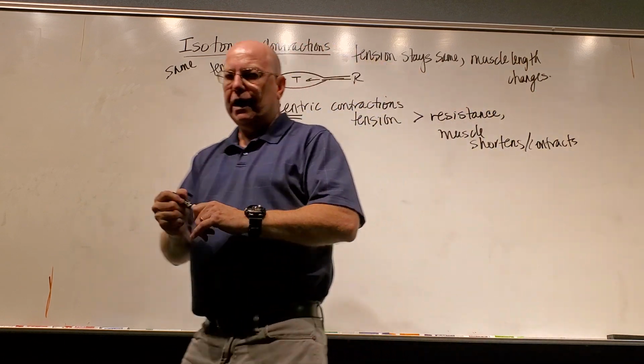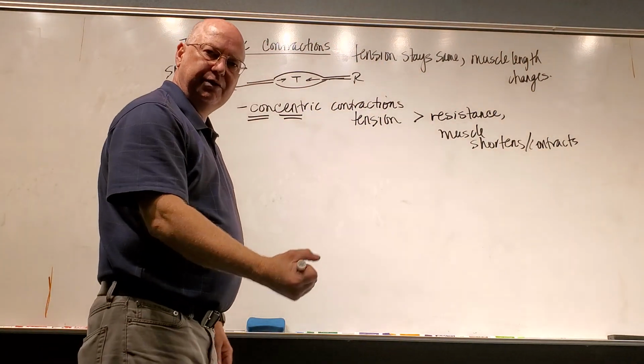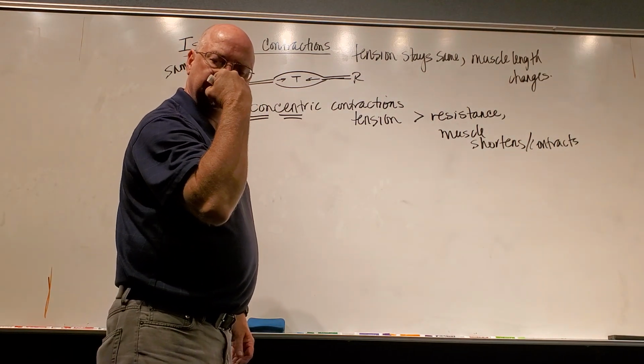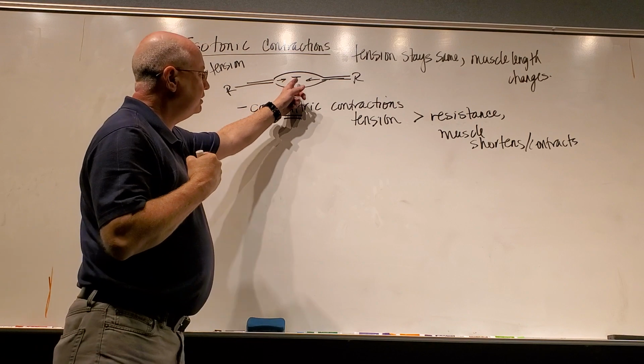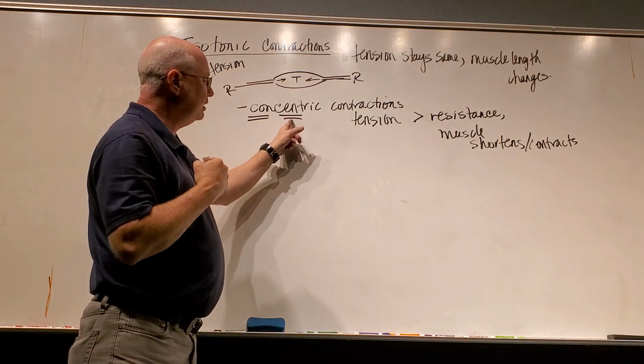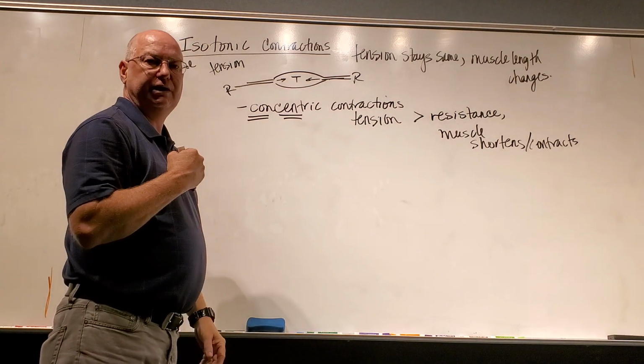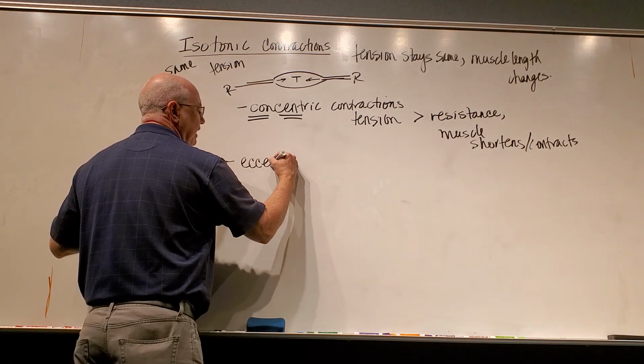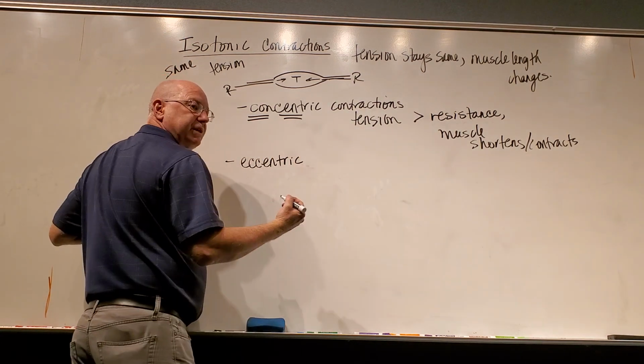So if you were working out with a 5 or 10 or 20 pound weight and you start to do a curl, when the muscle is shortening, that's the concentric contraction because the tension in the middle of the muscle is greater than the resistance on the outside. The opposite of that is eccentric, which means outside of.